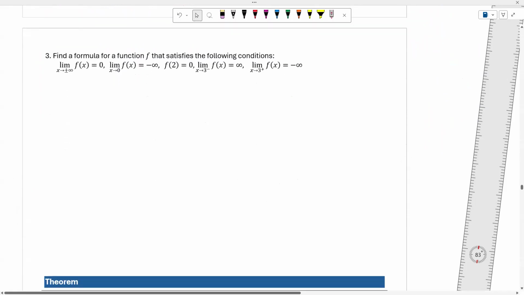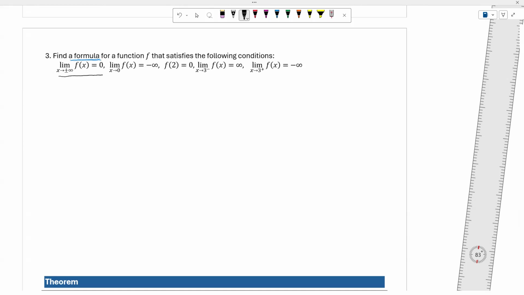Now, let's try to graph the function first. And after we've graphed the function, then we need to find the formula. Okay. Then satisfy the following conditions. Okay. So let's see how we actually do this.